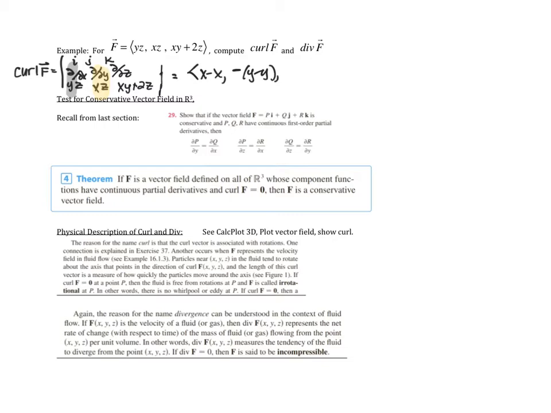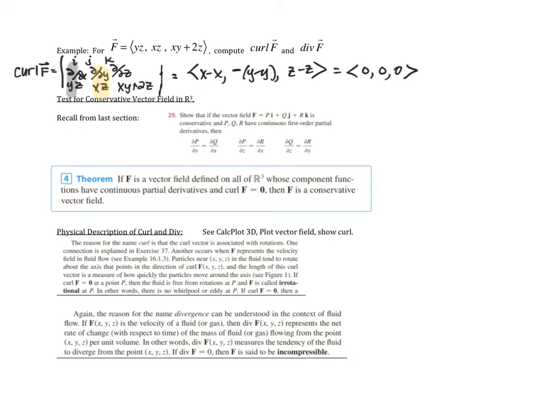And for the last component, the z column, we take partial x here, which is z, minus the partial with respect to y here, which is z. That doesn't happen very often. I picked a great example there. I got 0, 0, 0. So that is my curl. It is a vector. I happen to get the 0 vector, but that's how we compute curl.